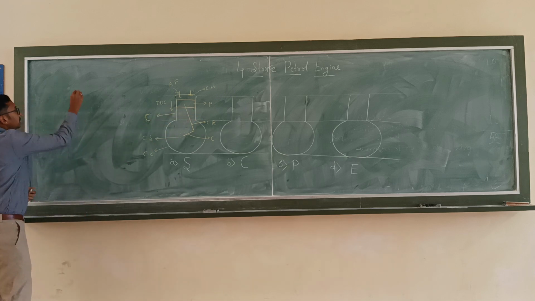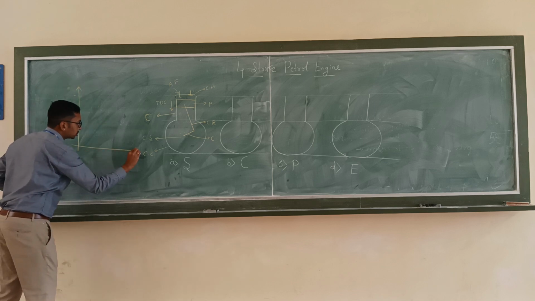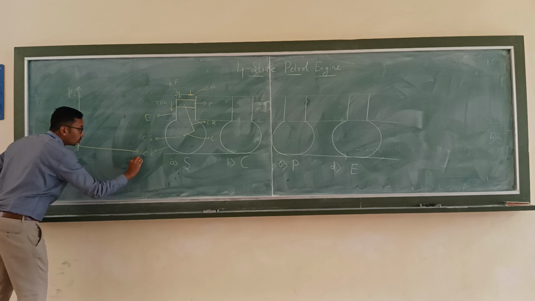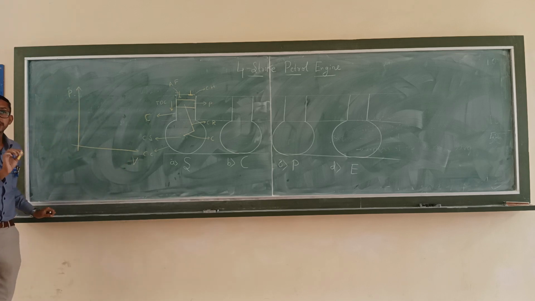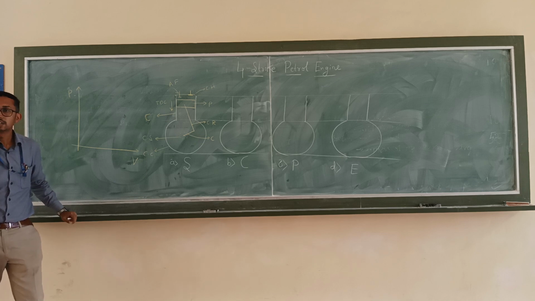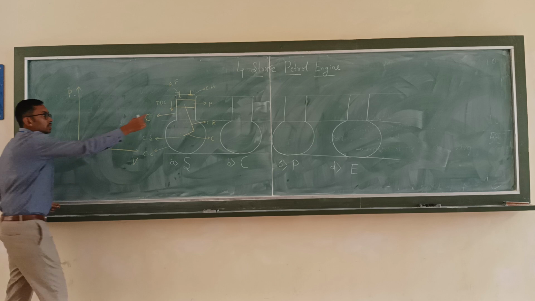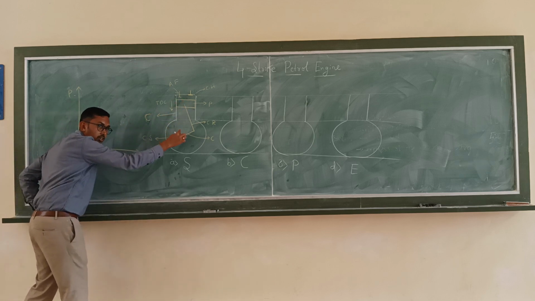This can be represented in a PV diagram. This is pressure and volume. PV, pressure, volume, not velocity. It is a pressure and volume diagram. See what happened? The piston is moving downwards.